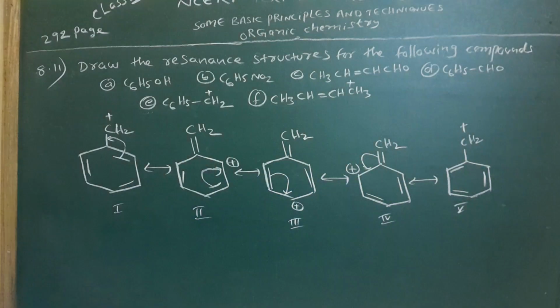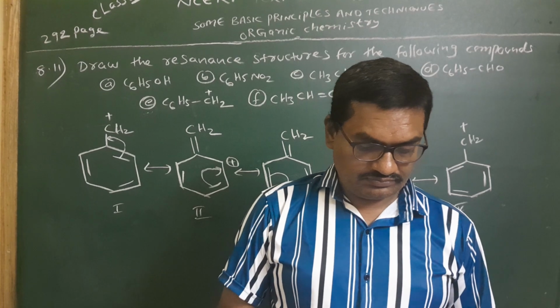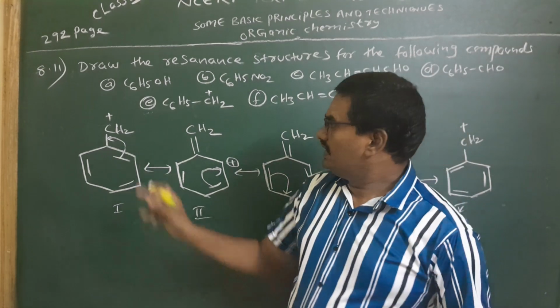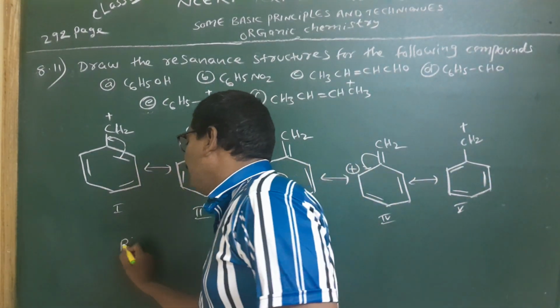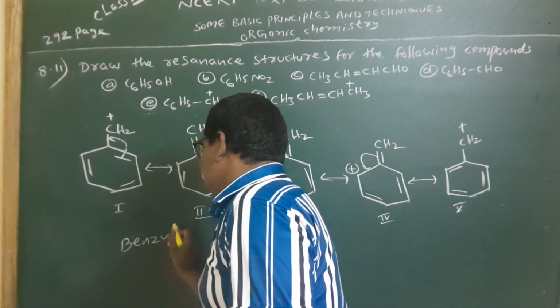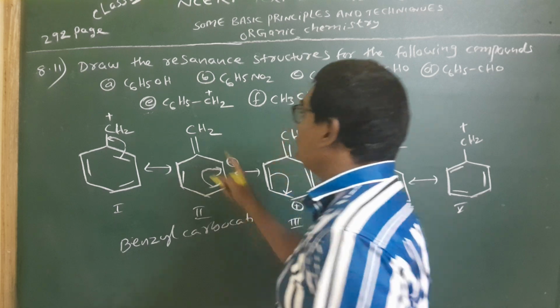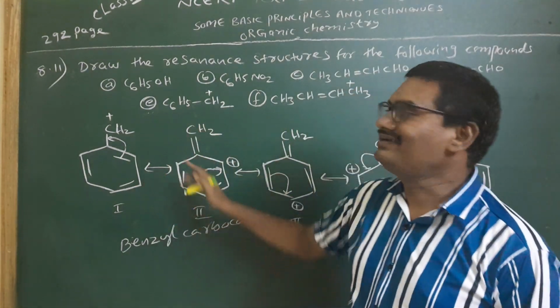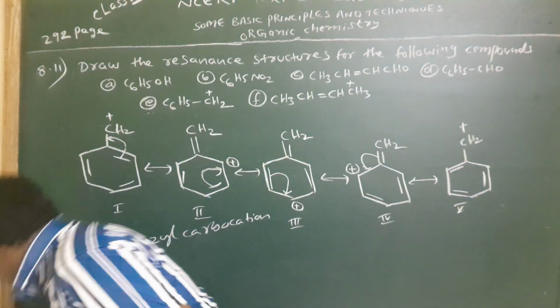So this one has 5 resonance structures. This name is benzyl carbocation. So it is the benzyl carbocation C6H5CH2 plus.